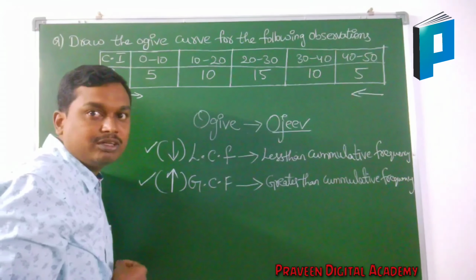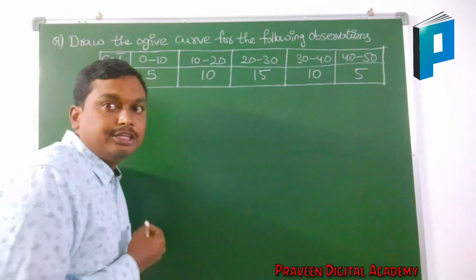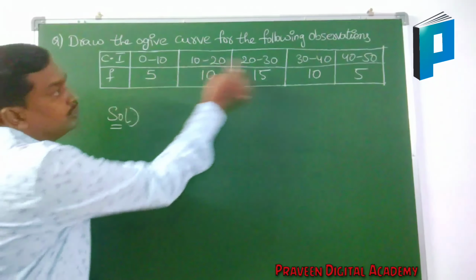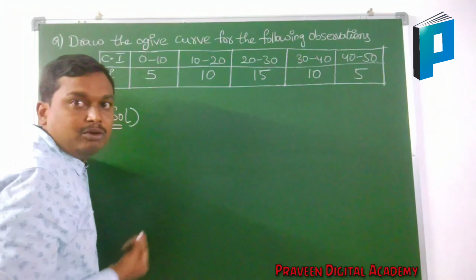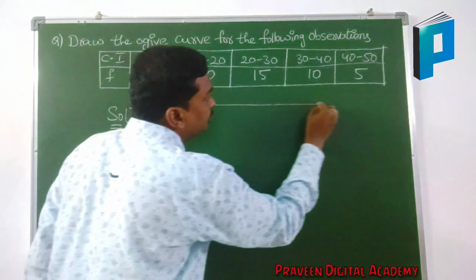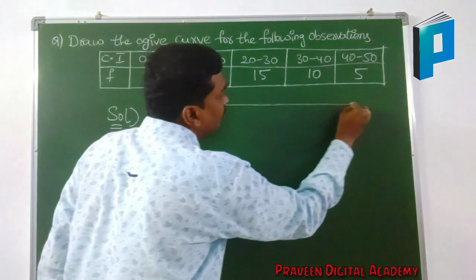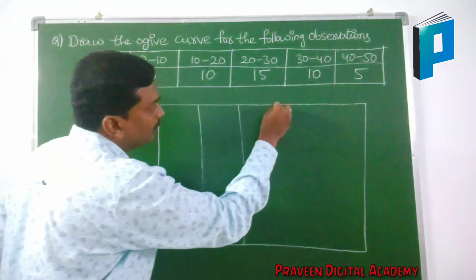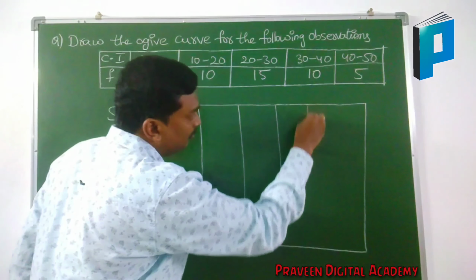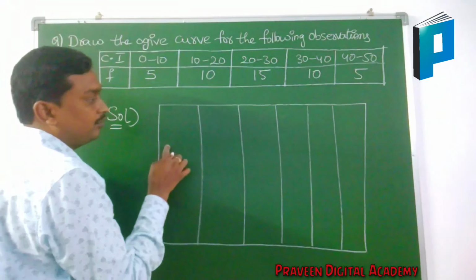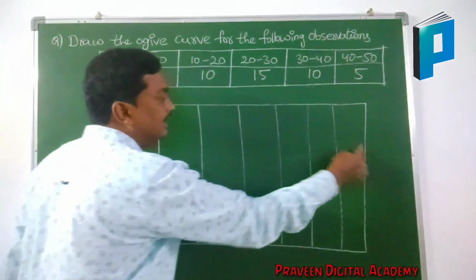Now let us go for the solution. The solution of this ogive curve has these boxes. For that we will have 6 boxes: 1, 2, 3, 4, 5, 6.